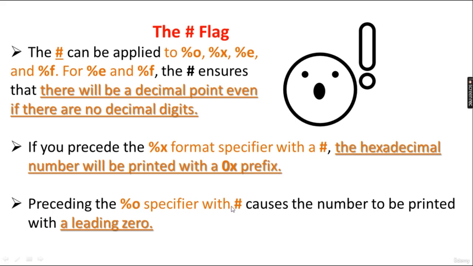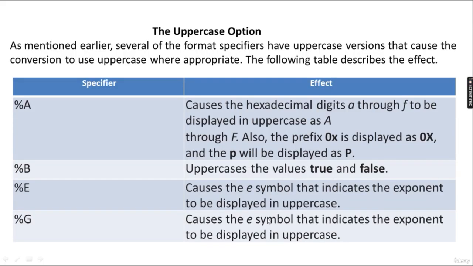Preceding the octal specifier with hash causes the number to be printed with a leading 0. So the output for each and every specifier is different. The more important thing is that you have to learn them and practice them so that you can understand and remember.